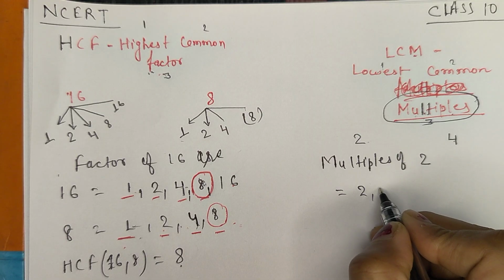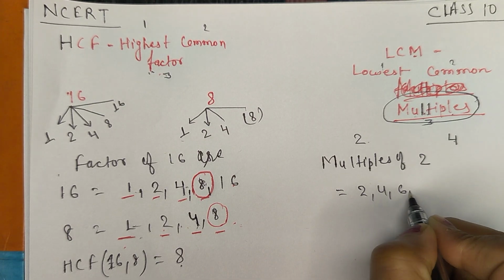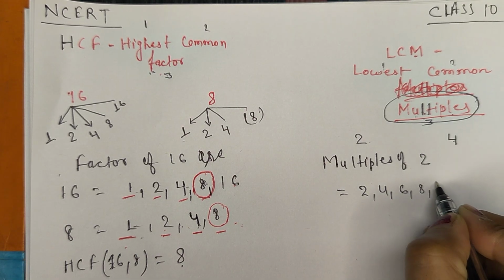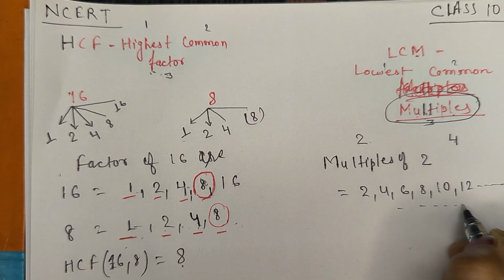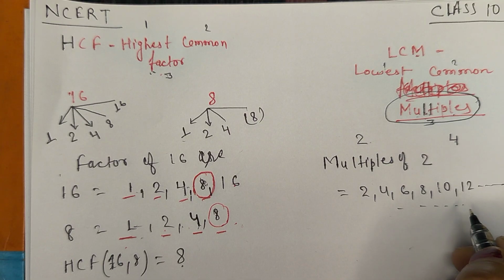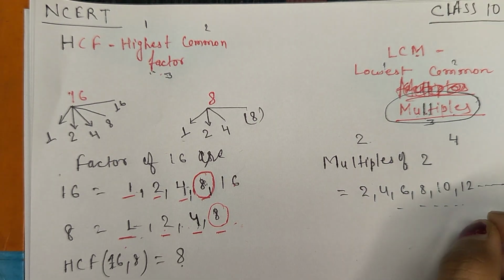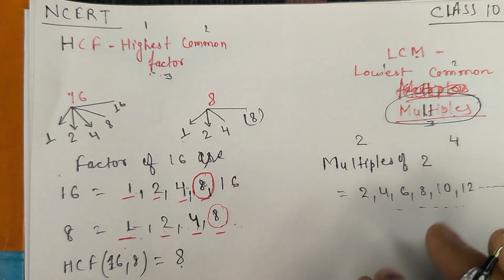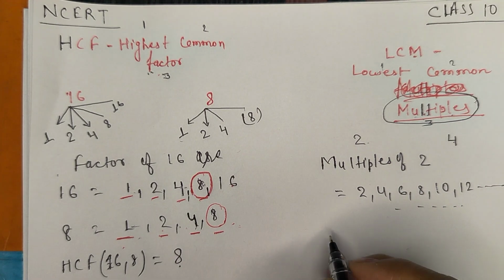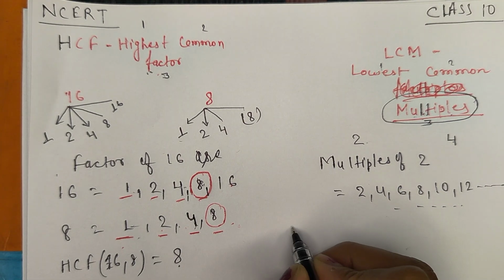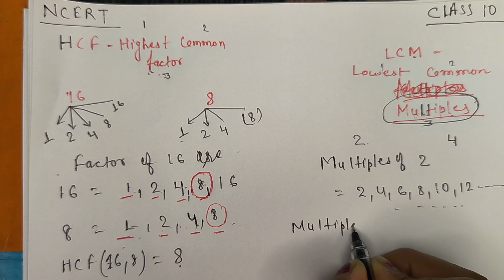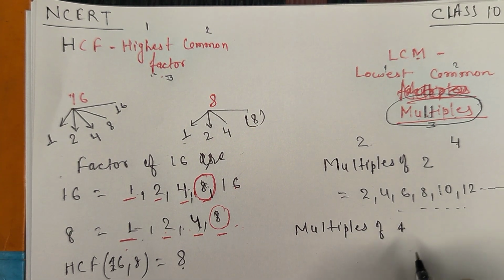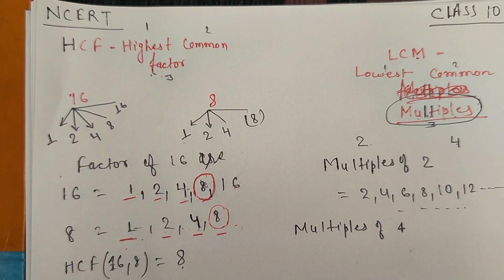2, 4, 6, 8, 10, 12 like that. It is endless, countless, infinite. We write multiples of 2 endlessly. And the same for multiples of 4.